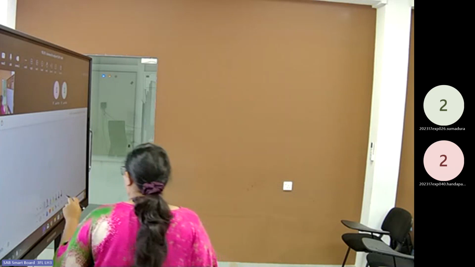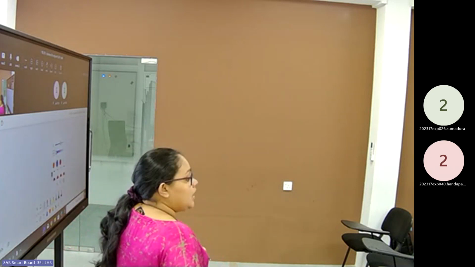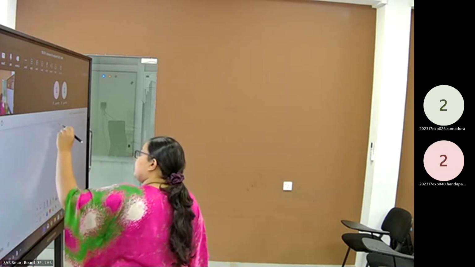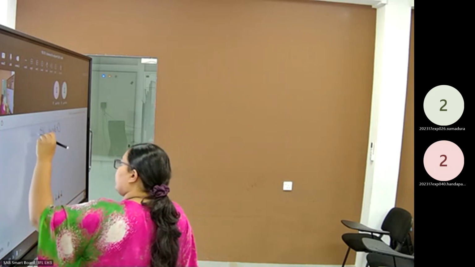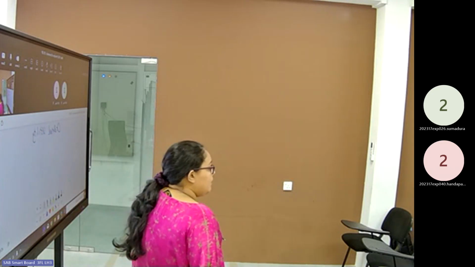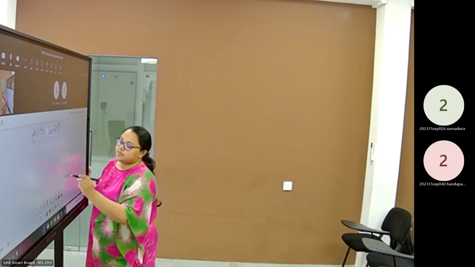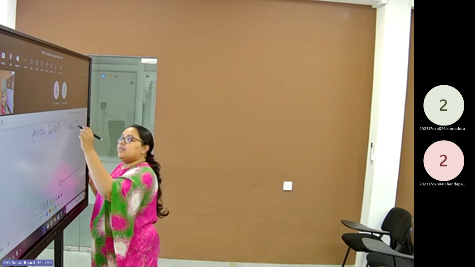This is how we draw the ordinal utility graphs. Ordinal utility will have two types of graphs. First, look at this. It will have an indifference curve.